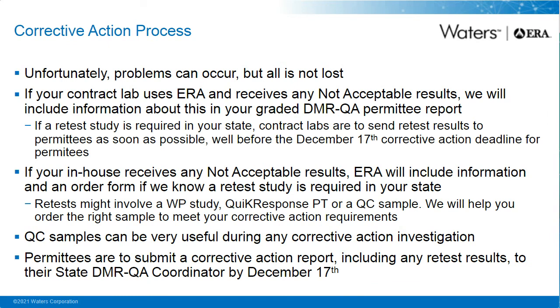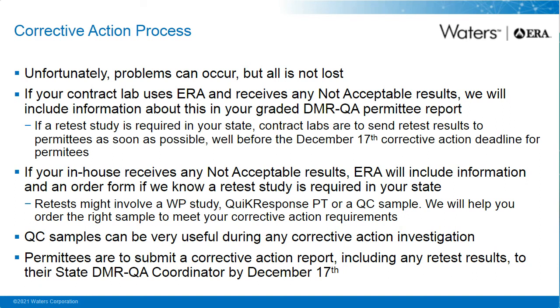If your in-house lab receives any not acceptable results, we'll include information about this too, along with any order forms if we know a retest sample is required in your state. Retests might involve a WP study, a quick response PT, or a QC sample, and we can help you order the right one to meet your corrective action requirements.